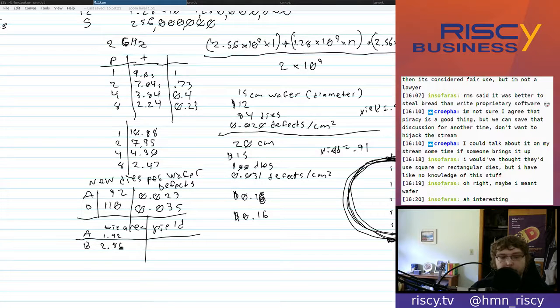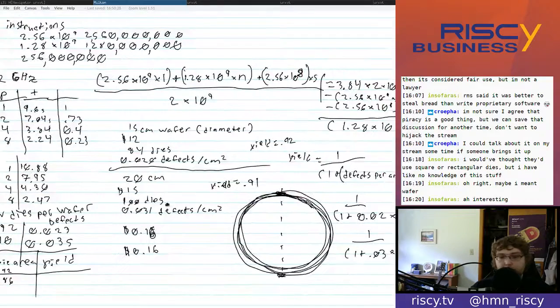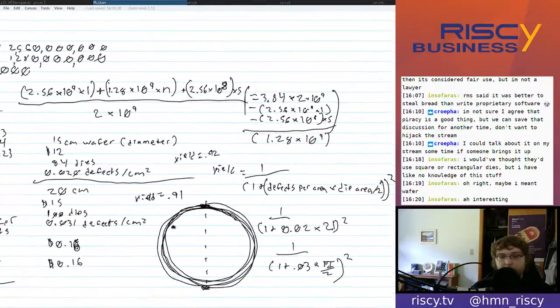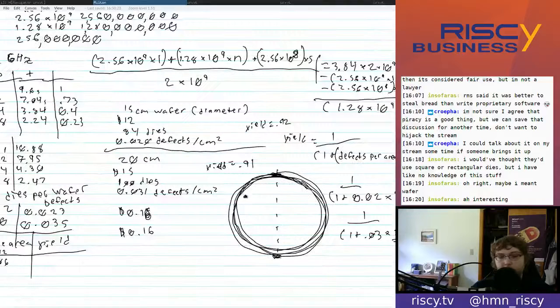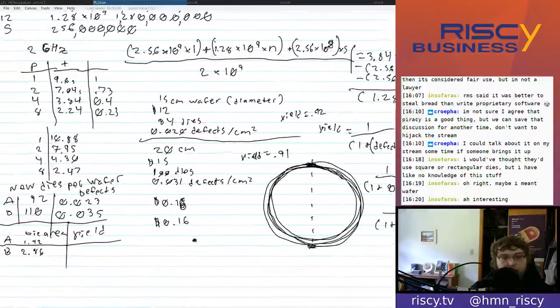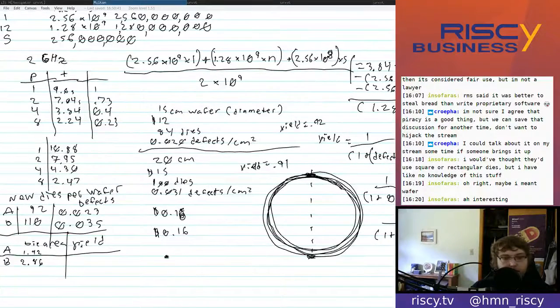And now we need the yield for each of those. So going back to the equations here, the yield is 1 over 1 plus defects times die area, and then everything on the bottom squared.